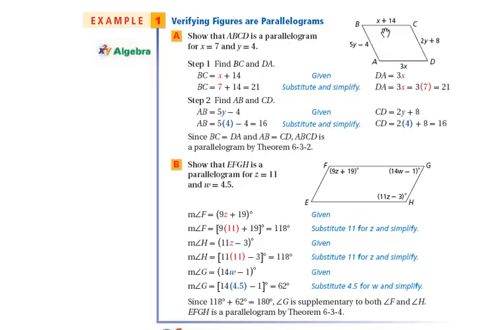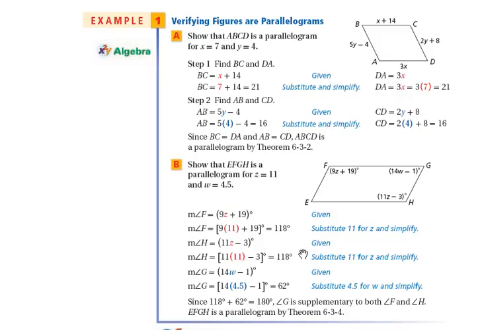What we can do is actually just plug in 7 for the x's and 4 for the y's, and we can compare some of the things that we see here. And so here it's saying since BC and DA are equal, so the opposite sides, and AB and CD are equal as well, then we have to have a parallelogram.